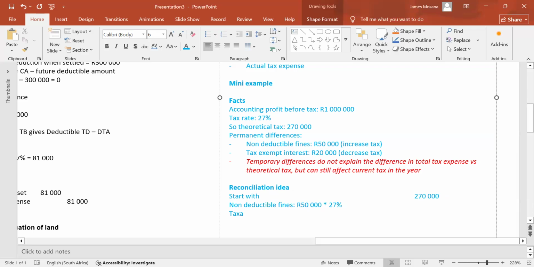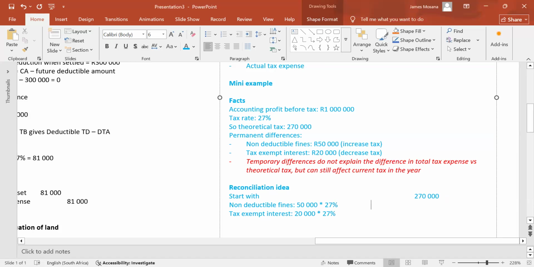As well as we are going to take into account our tax exempt interest, this 20,000 multiplied by 27%.